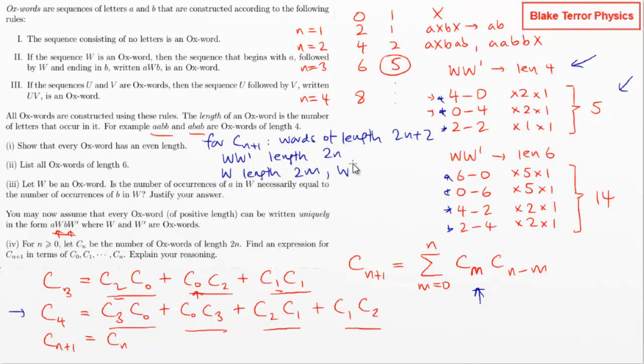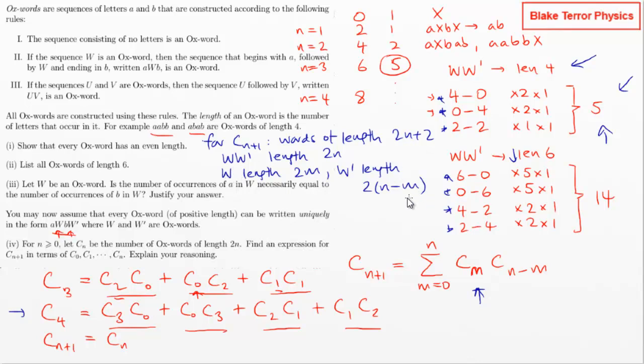That will mean W prime will have length of 2n minus 2m, so that will be 2(n minus m). And then we're just perming them. We're doing these permutations. For each one, we're multiplying up over here. Remember, we're not just doing 6, 0. We've got 5 times of doing this because we've got 5 length 6 words in there.